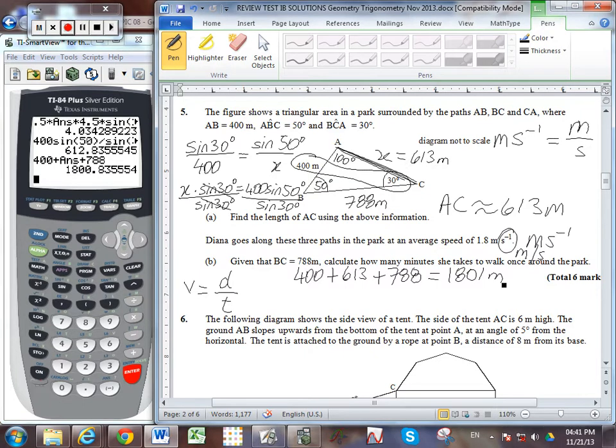So now if velocity is distance over time, if we rearrange this equation and bring the t upwards to the left-hand side and the v downwards onto the right-hand side, you'll find that t is equal to d over v. Now if you have difficulty with that kind of stuff, another way of doing this is to remember there's a little triangle where the d is on the top and we have t and v on the bottom.